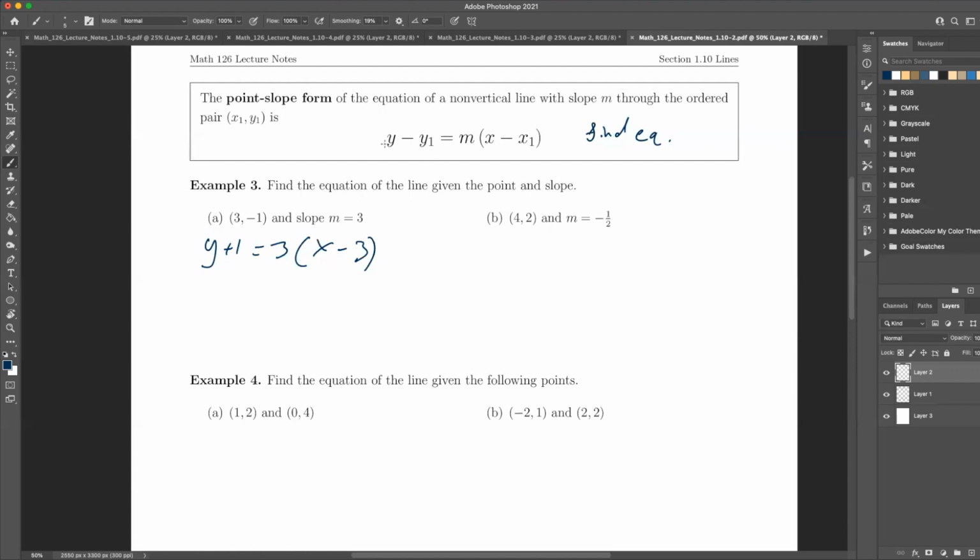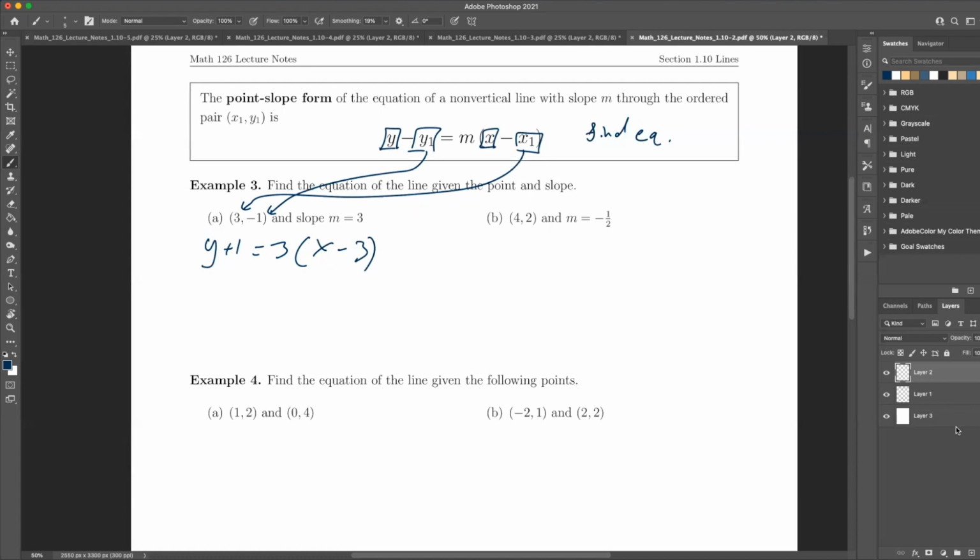We're going to leave these two as variables, and these two come from the given point.